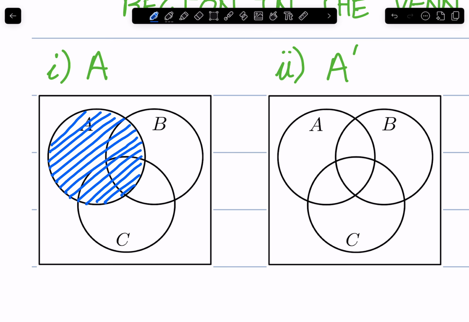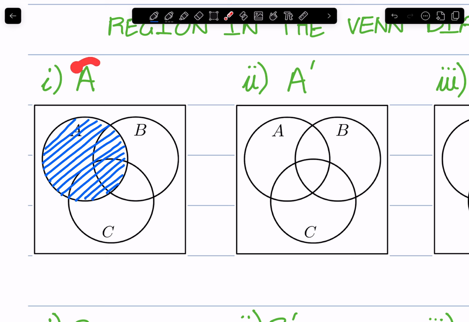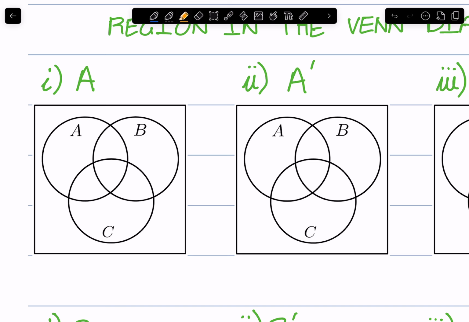What I'm showing you here now is actually all of A. So whenever you see a letter, we take everything inside the Venn diagram or the circle of A. So you can do it this way, or you could grab a highlighter and really carefully highlight the inside of all of A. I'm not going to be doing this method, but on pen and paper, you can, remember, use lines like so, or a highlighter.